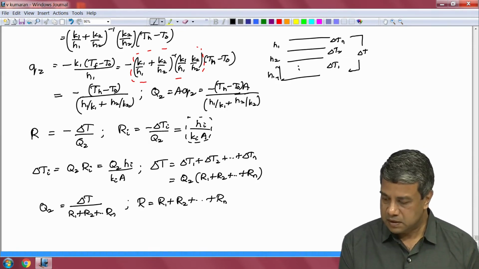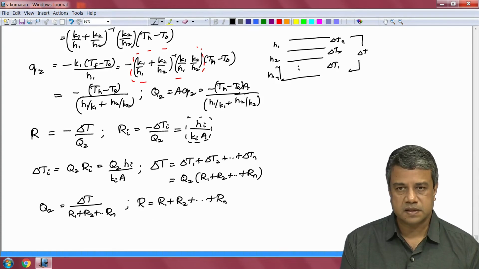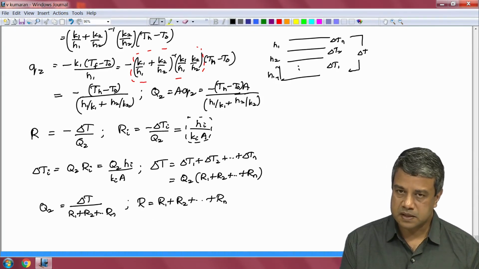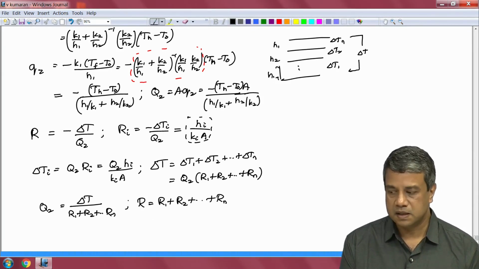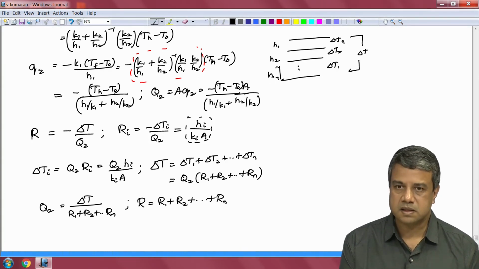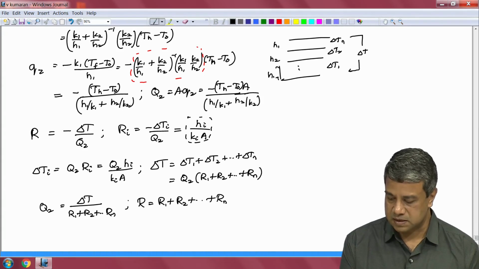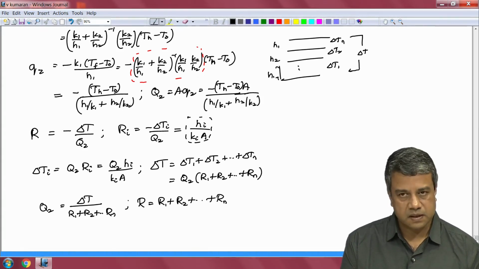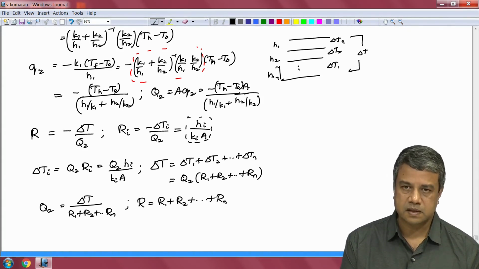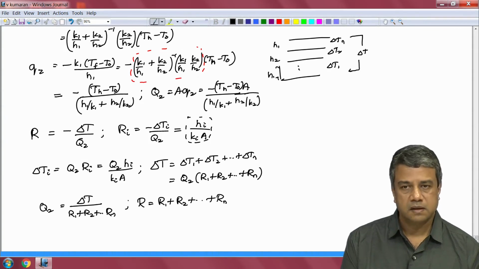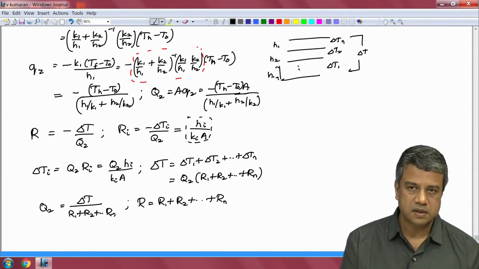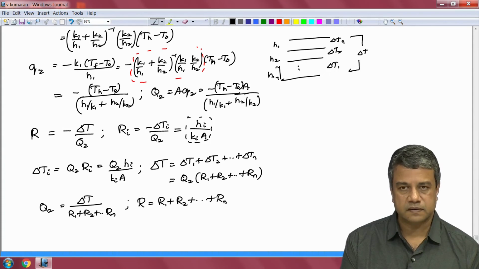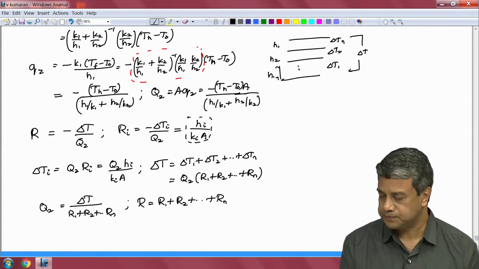Okay. So, by defining this heat transfer resistance across multiple slabs in the series configuration, I can get the total resistance as the sum of the individual resistances, and the heat flux is the total temperature difference divided by the total resistance. For a series configuration, the total resistance is the sum of each of these individual resistances.